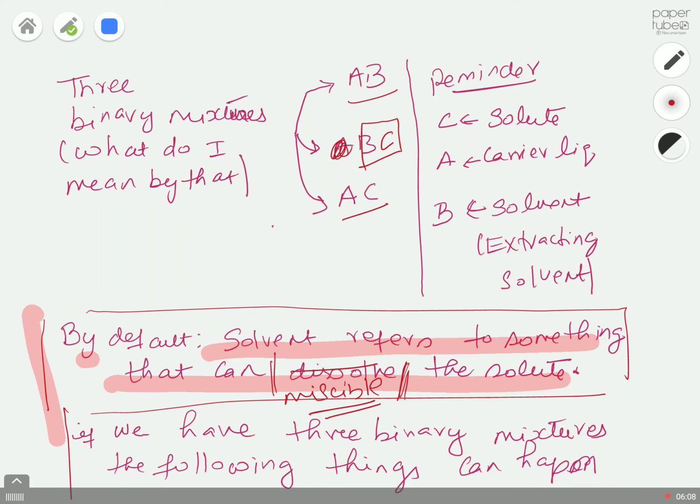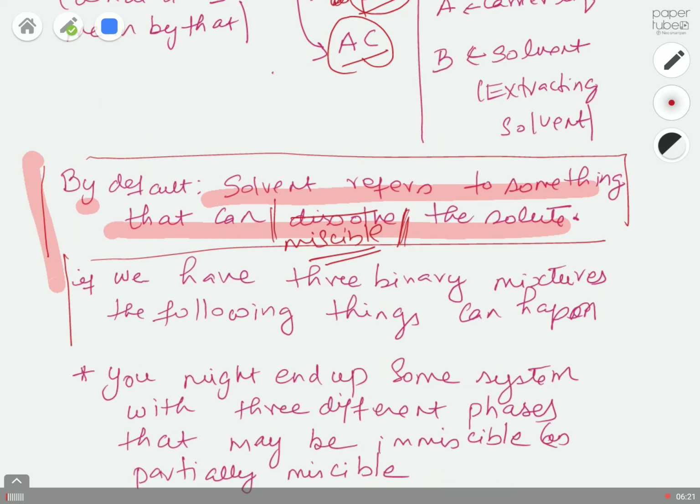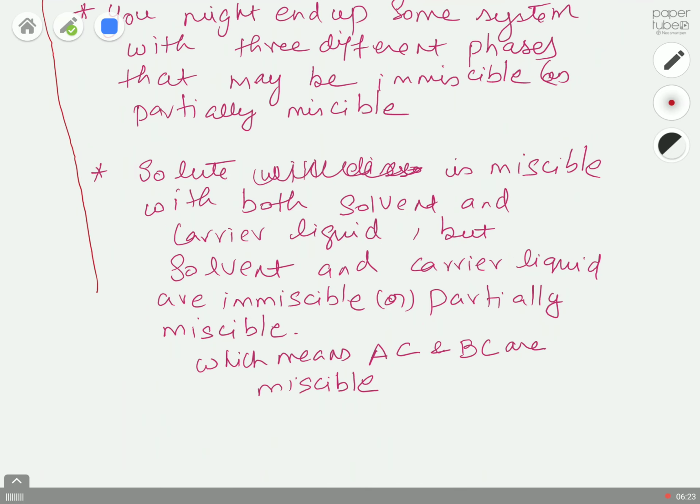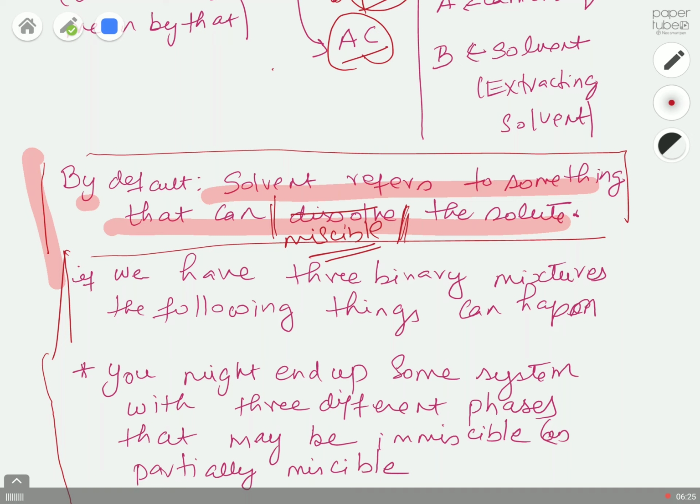If you have 3 binary mixtures, you can expect the following things to happen. Just remember, you can have AB, one binary system, BC, another binary system, and AC, another binary system. Once you put all these 3 liquids together, you might end up with a system with 3 different phases that may be immiscible or partially miscible to each other.